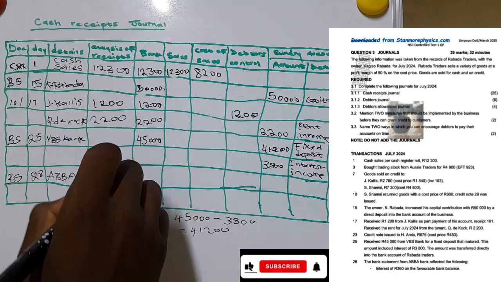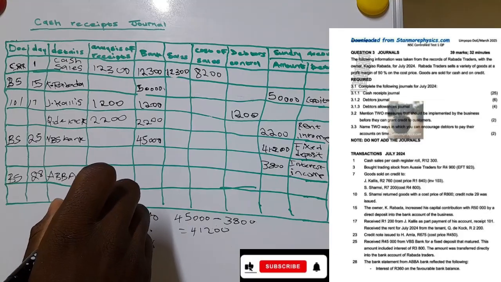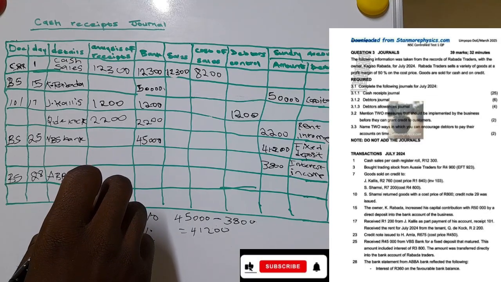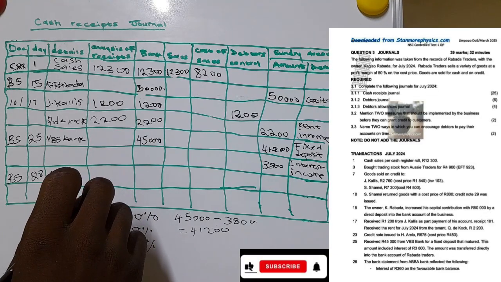Then we're not gonna record this under analysis of receipt, because here we are not receiving money, but we are getting interest for the favorable bank balance, meaning we were having a positive balance in our bank account, so we are getting interest for that.